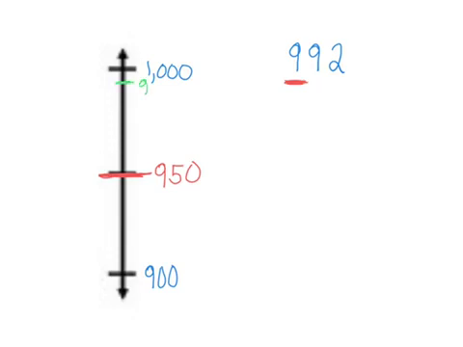Not perfectly, but almost there. 992. So where do we round this number? Is it closer to 900 or is it closer to 1,000? Well, as we could see, it's closer to 1,000 because it's past that halfway point. So this gets rounded to 1,000.